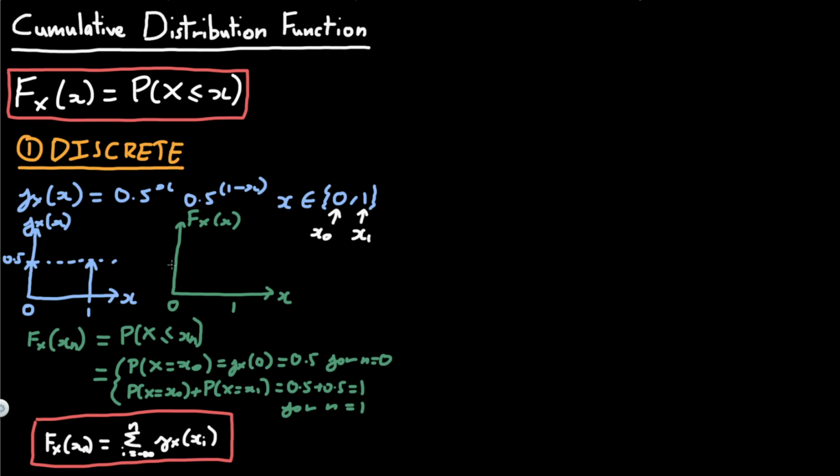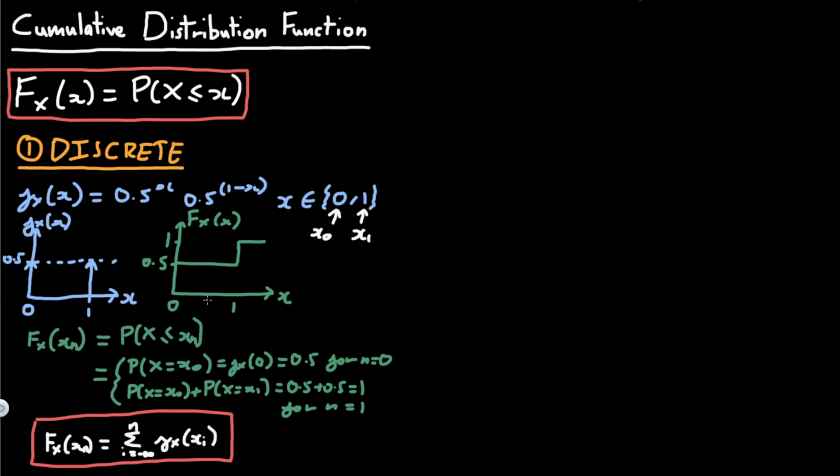So this is still a half if I put a half here. But now at 1 we have this value of 1, because there is 100% probability of observing either a heads or a tails in this scenario. And so what we end up with is somewhat of a step function, where the function output jumps at 1 up to 1 and then continues on from there.